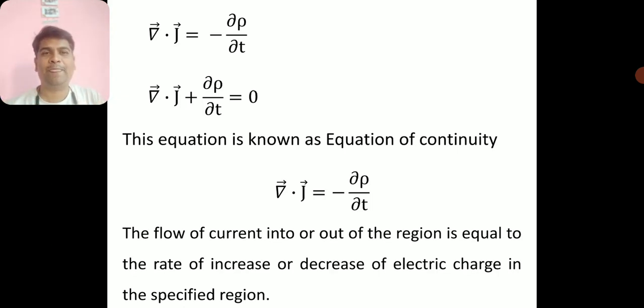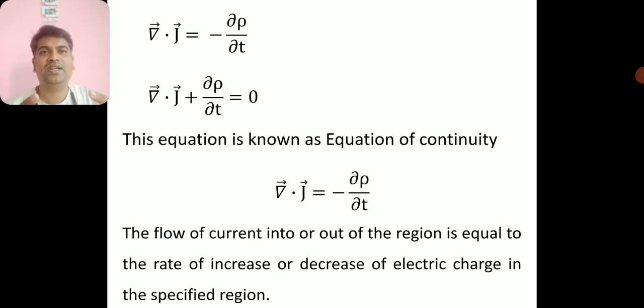If div J is positive, you can expect more charges leaving the region than entering into the region. Here the region is a surface enclosing the volume V. In that case the charge will decrease in that particular region.